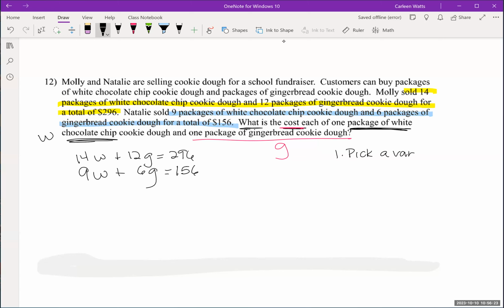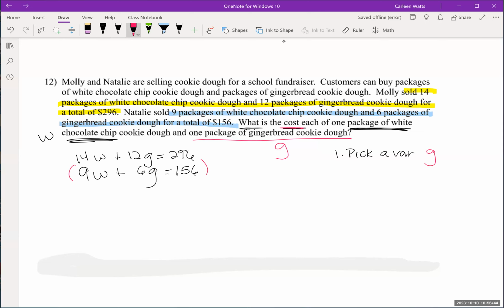Okay, Zoomers, everyone type in what variable you think would be easiest to cancel. Okay, got one? Awesome. Except I think you mean negative. Okay, good job, Zoomers. We are going to pick G.